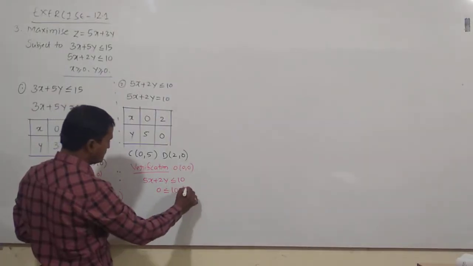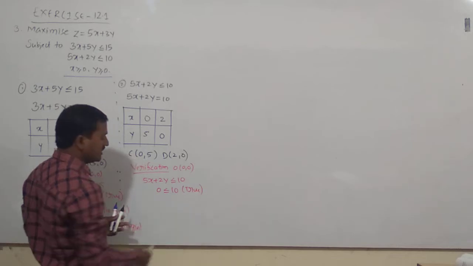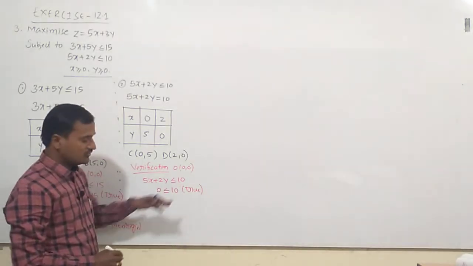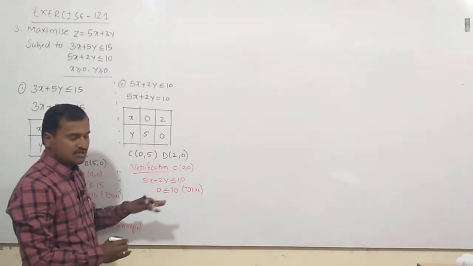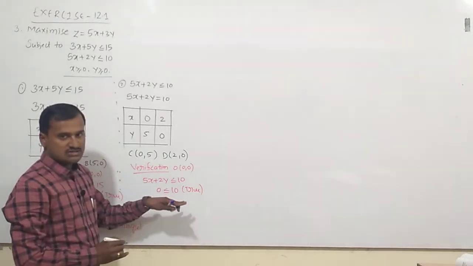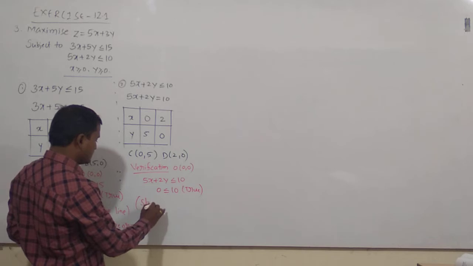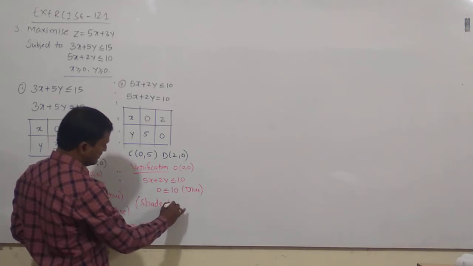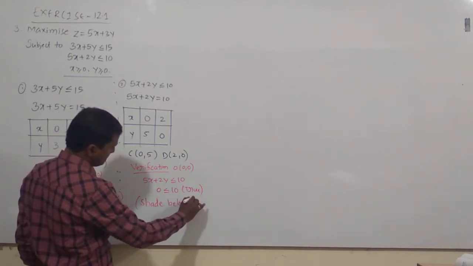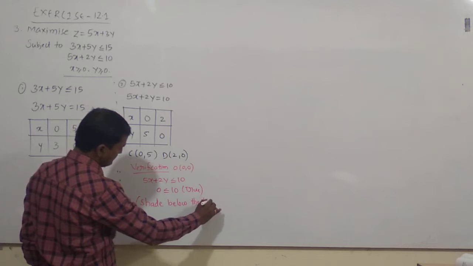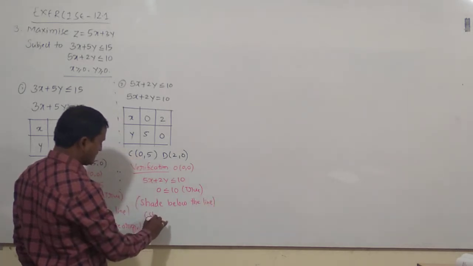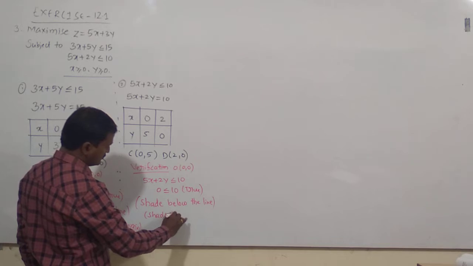So clearly it is true. If it is true, you have to shade below the line or towards the origin. If it is false, then you have to shade above the line. So here I will write shade below the line, or both are the same, shade towards the origin.